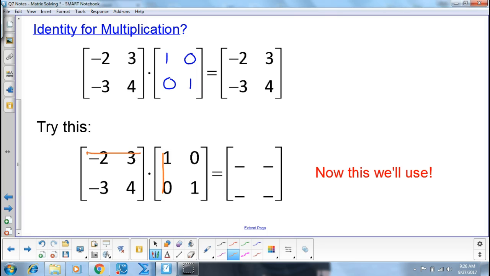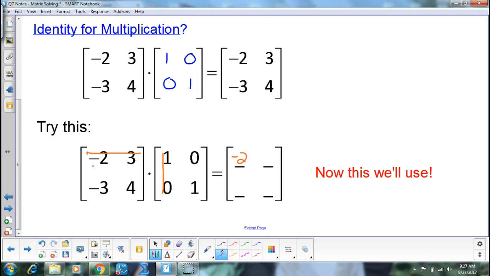Negative 2 times 1 is negative 2. 3 times 0 is 0. Negative 2 plus 0 is negative 2. So far, I'm good. Then, I'm going to take the first row times the second column. Negative 2 times 0 is 0. 3 times 1 is 3. 0 plus 3 is 3.